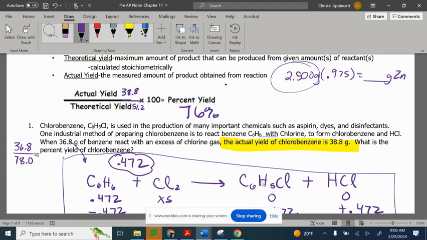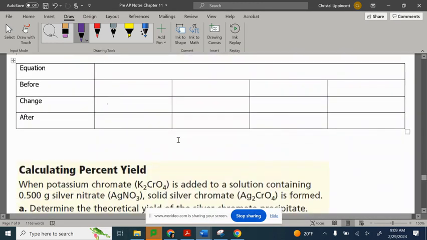Sometimes you lose some of the copper, and so that affects it. Some of it flakes off. So in labs, sometimes you can end up with more than 100%, but it's because of some sort of experimental error.